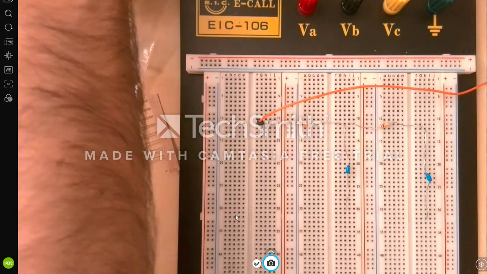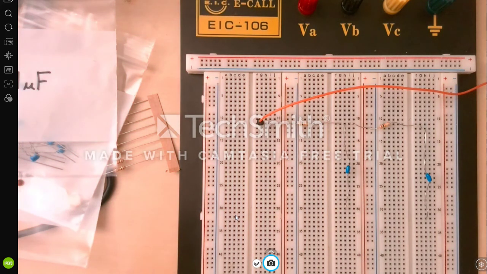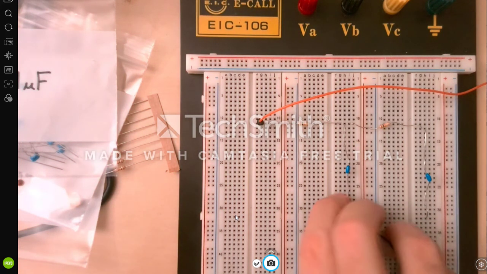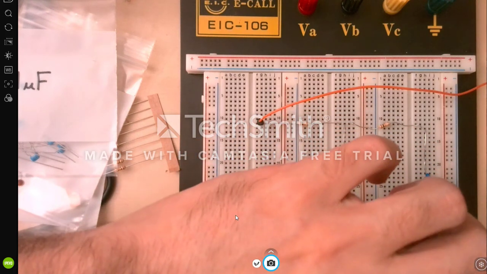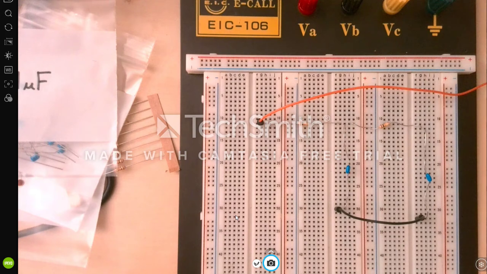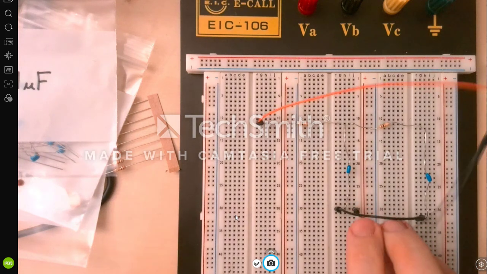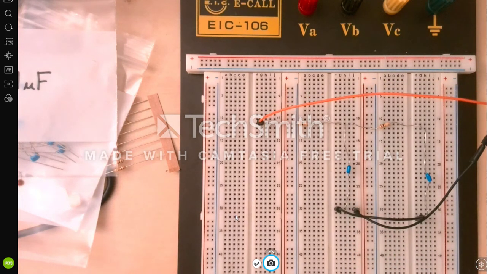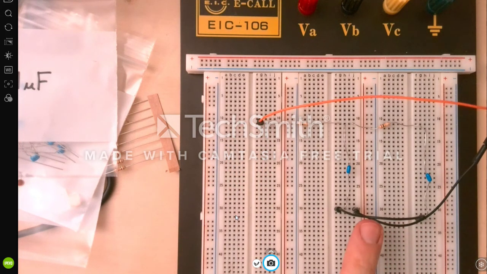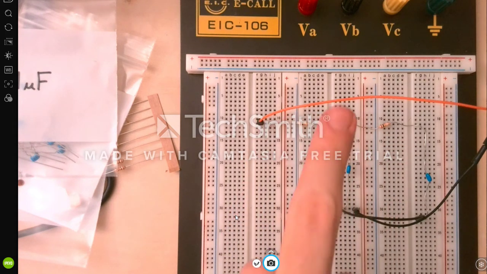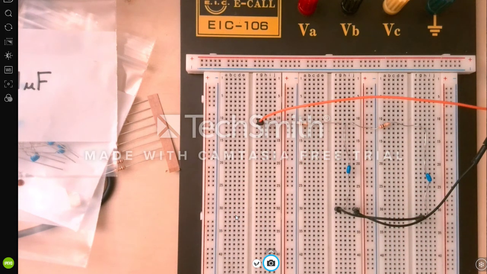Okay, now let's connect the lower ends of the capacitors and put the ground there. Okay, now our circuit is complete. We have our square wave power supply, we have our ground, and two RC stages.